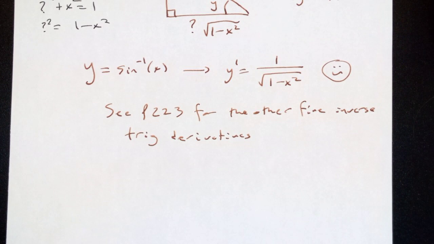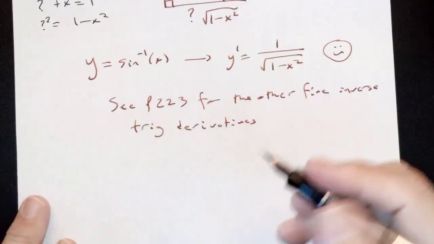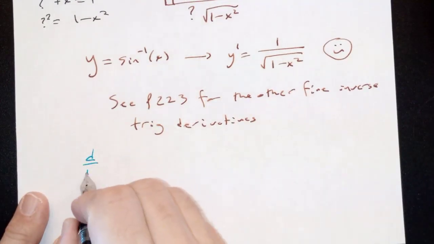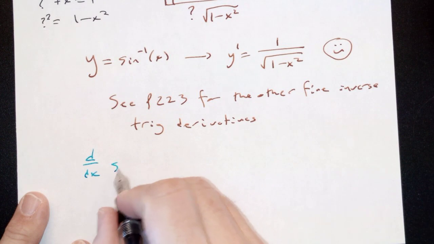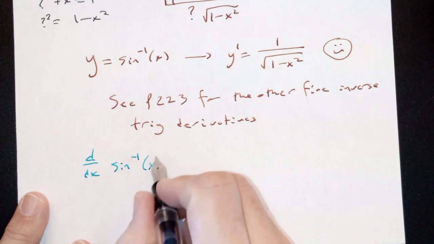So I now have another 6 functions I can play with, which means I can use them in quotient rule, product rule, chain rule, all of these other things I can do now. So I could ask, what is the derivative of sine inverse of x cubed?